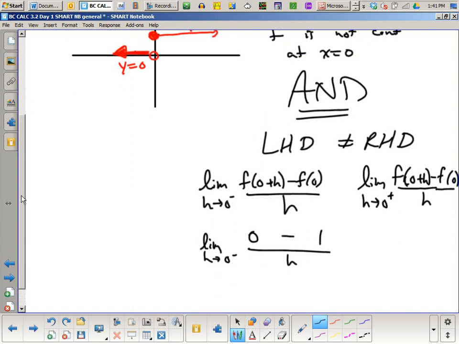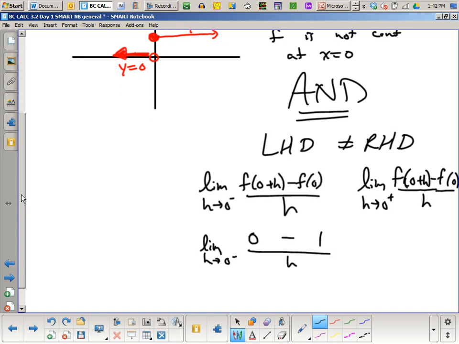If h is a slightly positive number, say 0.01, 0 plus h would be a positive value. So we're actually looking over on the right side, and the graph there is 1. Everything up there is 1. So this is just 1, no matter what you put in for h. Y is always 1. So this is going to be the limit from the right of 1 minus f of 0.